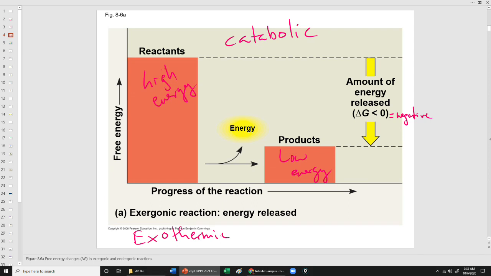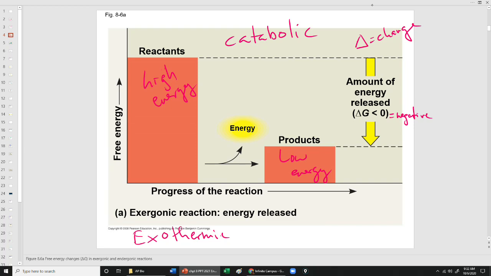We're going from a high state of energy to a low state of energy, and we call the free energy of the system delta G. Okay, we don't need to worry about the nomenclature here, about the letters and all of that. Delta is just a change. So to change from high to low, that's what that delta is. The Greek letter delta means change. And G is the free energy that's present in the system or in the molecules.